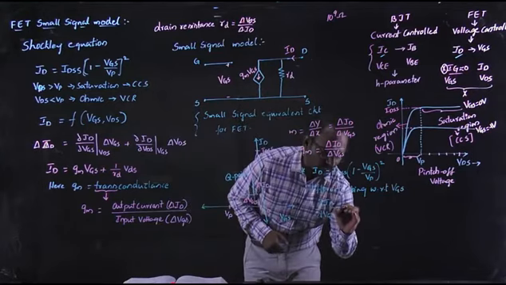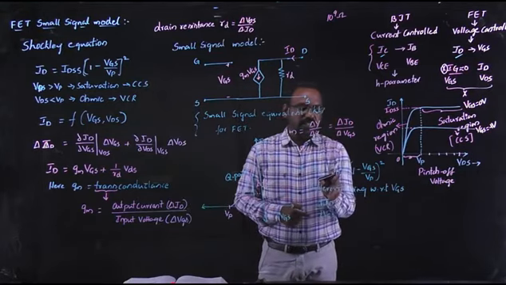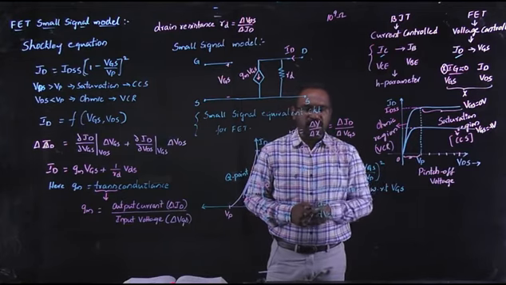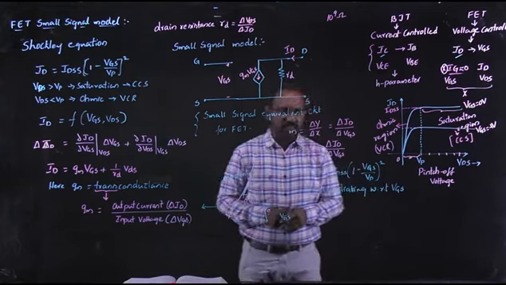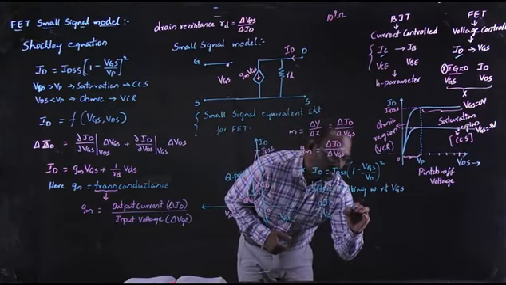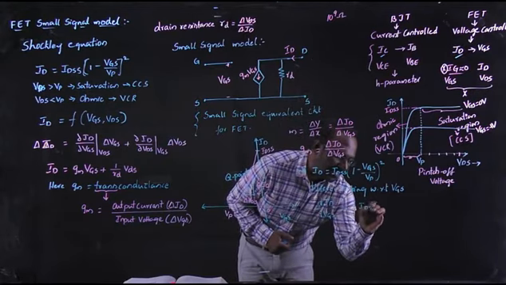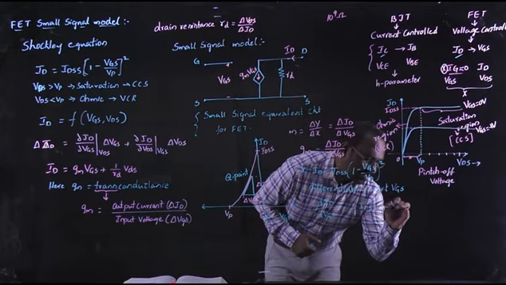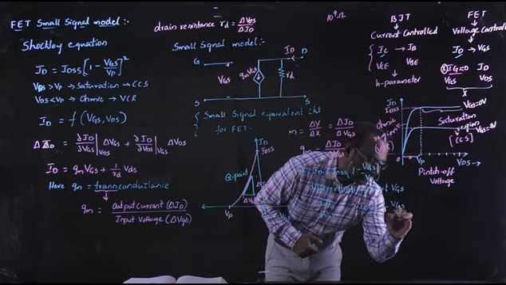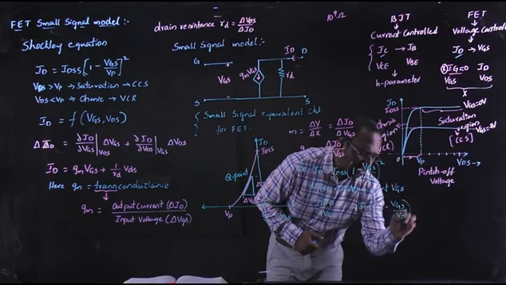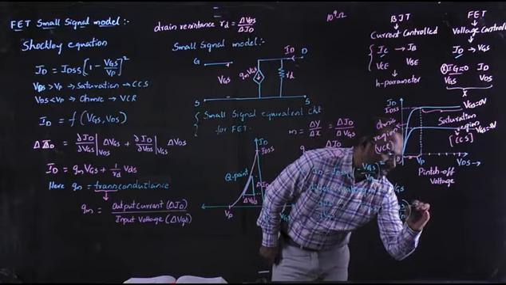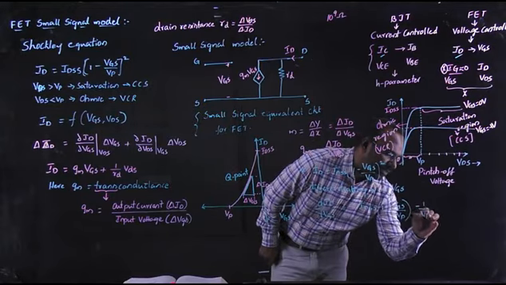IDSS is a constant term, so we have to differentiate the square term. d by dx of x square means 2x. So I write 2 into IDSS into (1 minus VGS by VP) into, again differentiating the inside, minus 1 by VP.